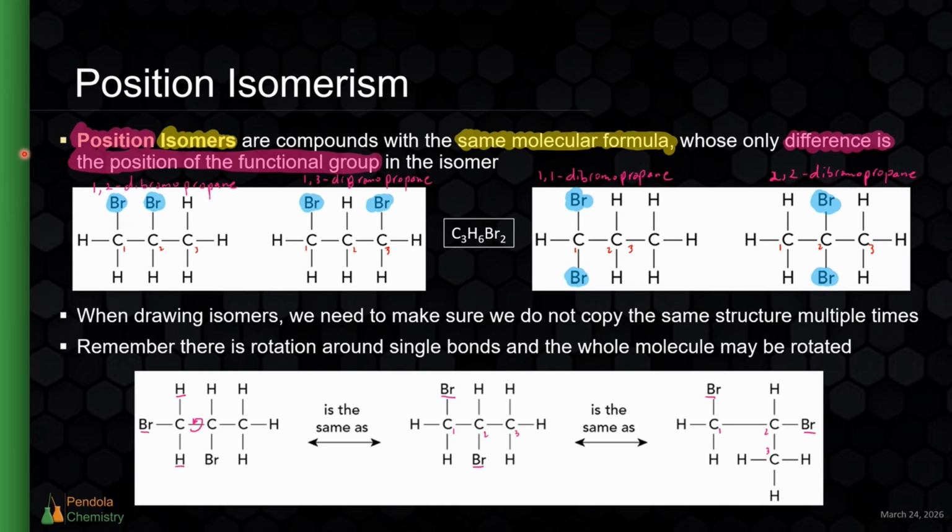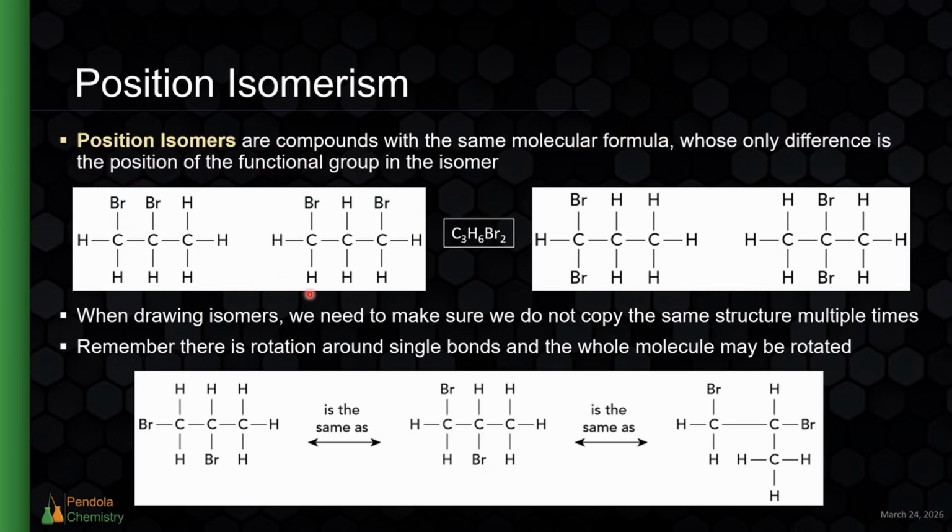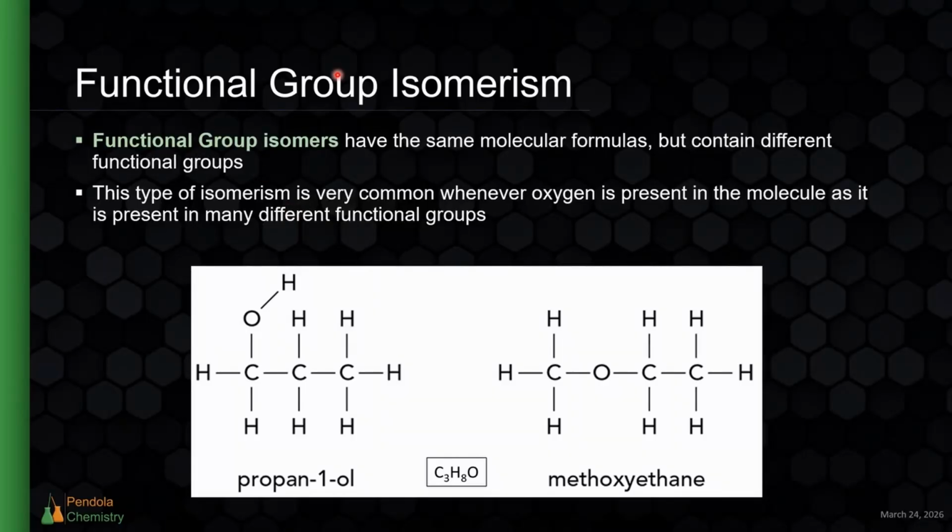So let's keep going. So this is positional isomers. There are two other types of structural isomers. The next is functional group isomers. And this one's pretty straightforward. I mean, the name itself gives it away. Functional group isomers will have the same molecular formula, and that just comes from the fact that they're isomers.